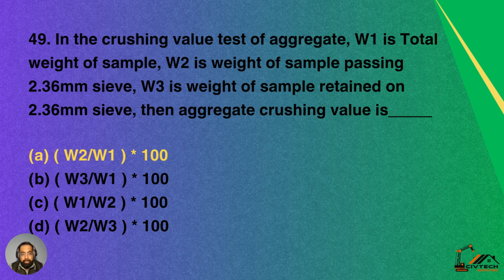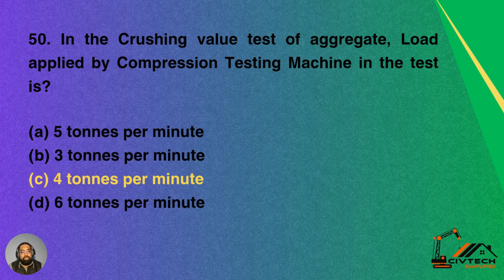So option A is the correct answer, which is W2 over W1 into 100. W2 is the weight of the sample passing divided by the total weight of the sample into 100. It gives the percentage value of the crushing value of the aggregate. So if it is less, the aggregate is strong; if it is more, the aggregate is weak.